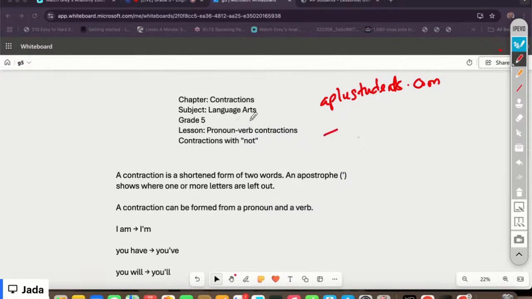You click on your name, you move on to language art, and then the chapter contraction, and we have two lessons under that: pronoun verb contractions and contractions with not. All right, so we're starting now.